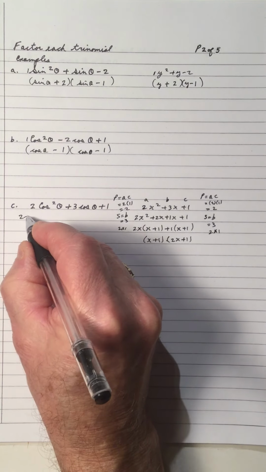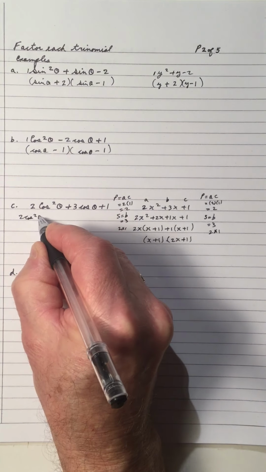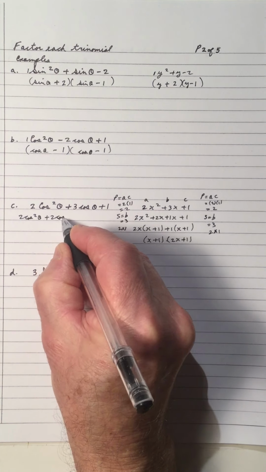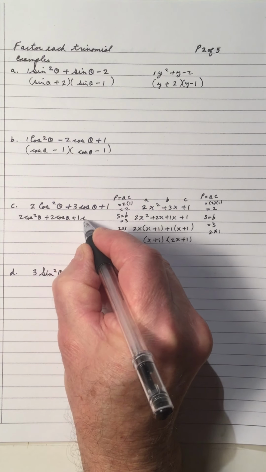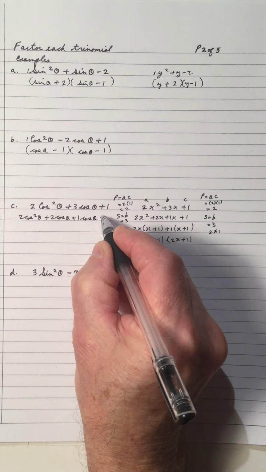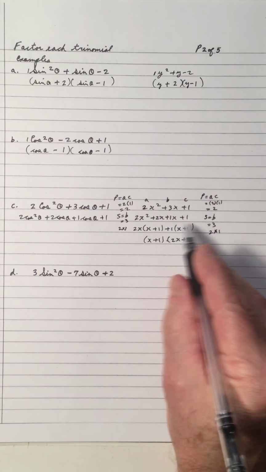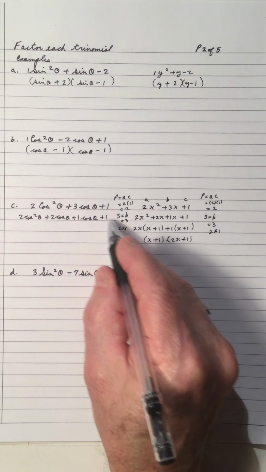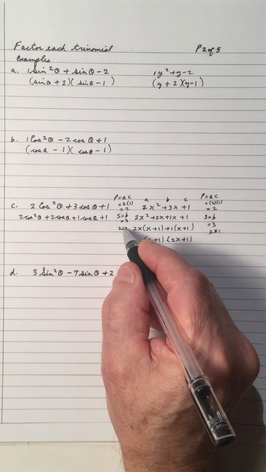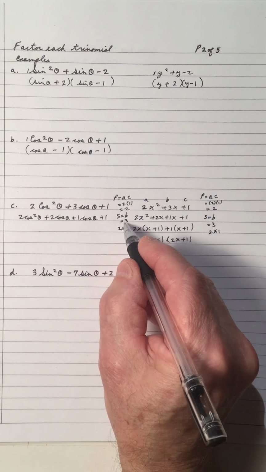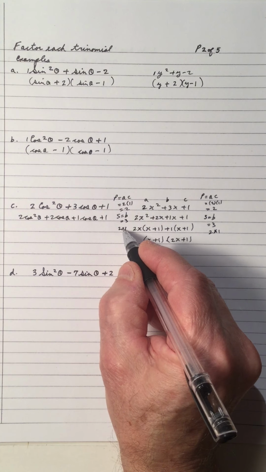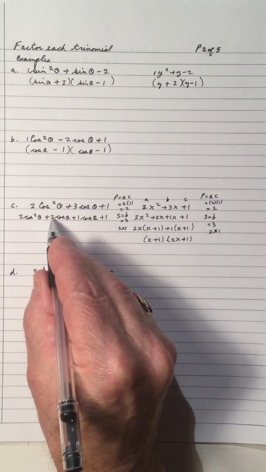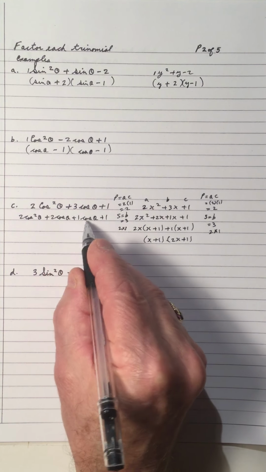So we get 2 cos squared theta, then plus 2 cos theta plus 1 cos theta plus 1. So instead of having x's, we have cos thetas. 2 times 1 gives you 2 when you multiply, and 2 plus 1 gives you 3. So those two factors go here and here with cos thetas.